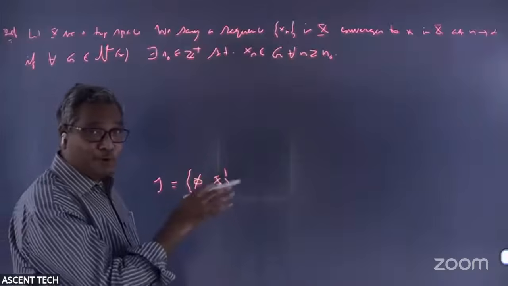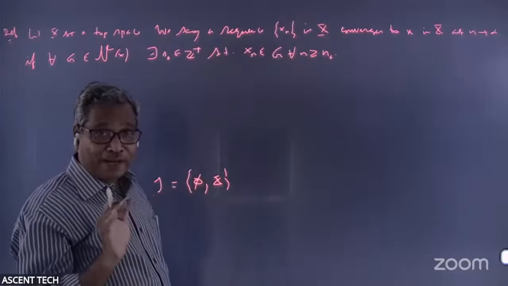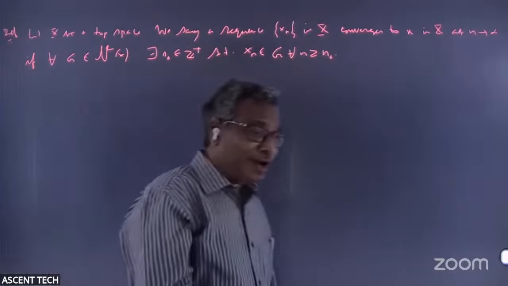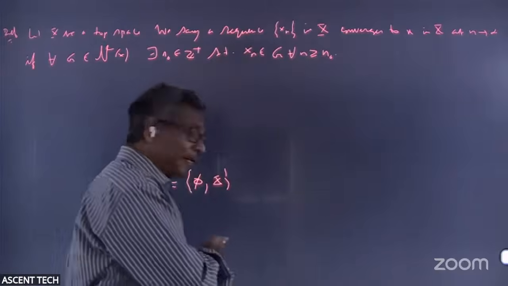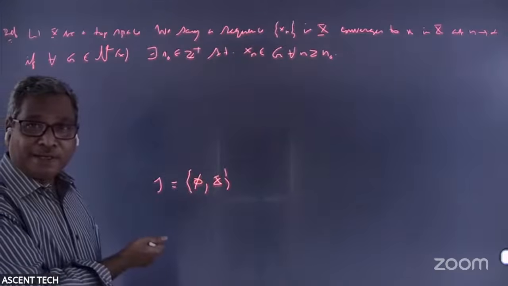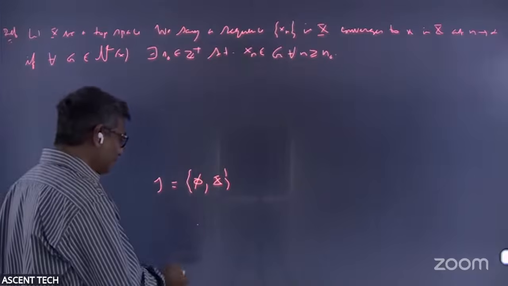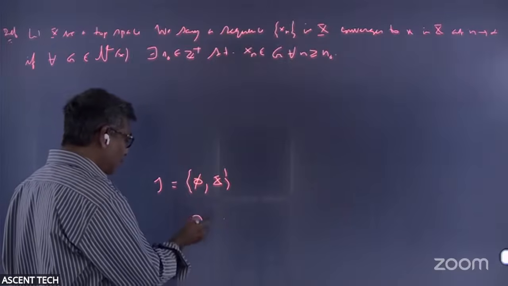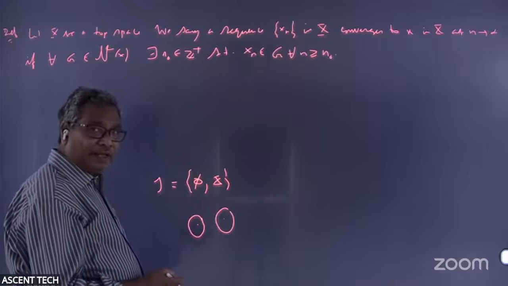So what is the minimum required of the topology to have a meaningful thing? Usually, if the sequence converges to x and it converges to y, I want x to be equal to y. Even that bare minimum is not coming. That will come only when you have this kind of a situation: if x and y are two distinct points, I should be able to find open sets to separate x and y.